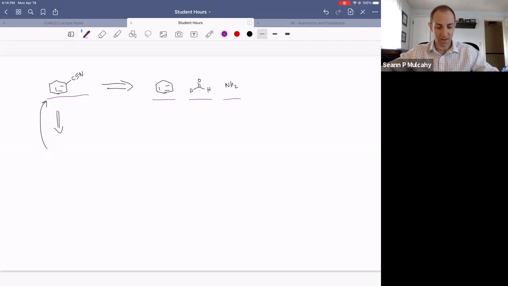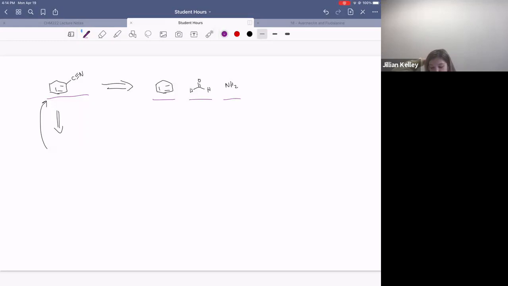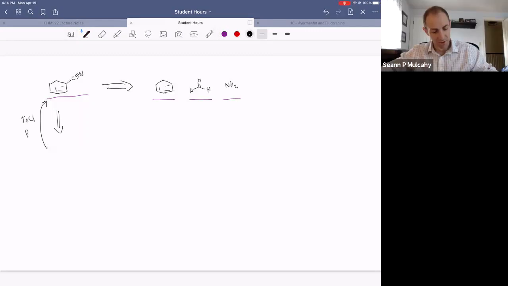Right, so what's a different way of making nitriles, making cyanides? Would you use tosyl chloride? Tosyl chloride and pyridine. Okay, yes. What would that starting material be? It would be a primary amide, right?